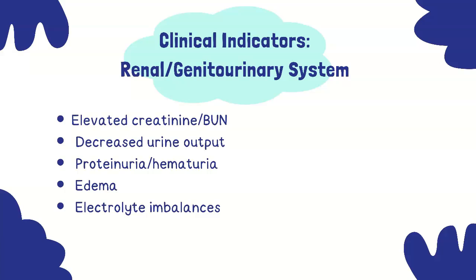Urinalysis findings such as proteinuria, which is protein in the urine, and hematuria, which is blood in the urine, indicate underlying kidney or urinary tract disease. The presence of generalized edema is often seen in nephrotic syndrome or fluid overload states. And then electrolyte imbalances, such as hyperkalemia, can have a dangerous cardiac implication.